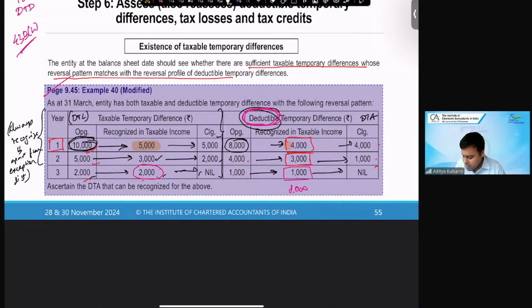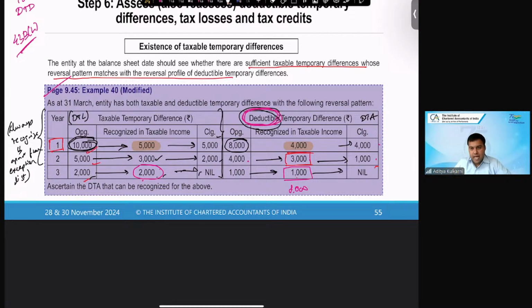There is a reversal of 4,000 on account of asset. Do I have adequate liability reversal for the asset reversal? Yes, sir.